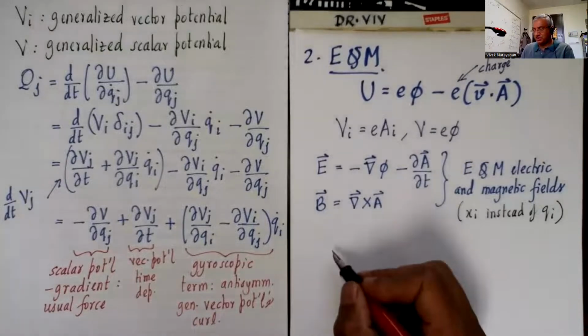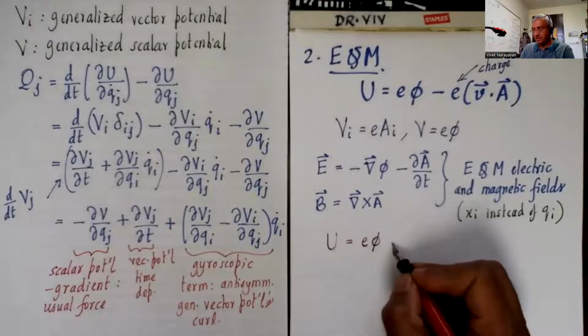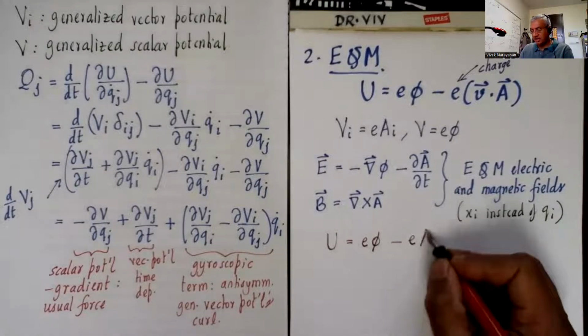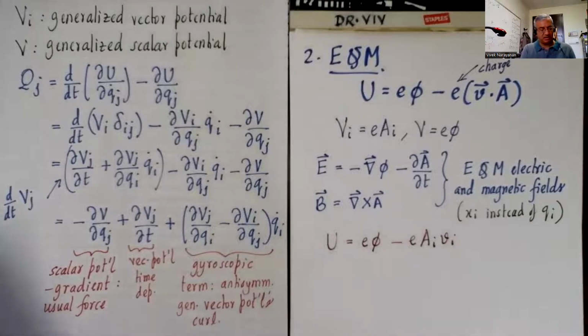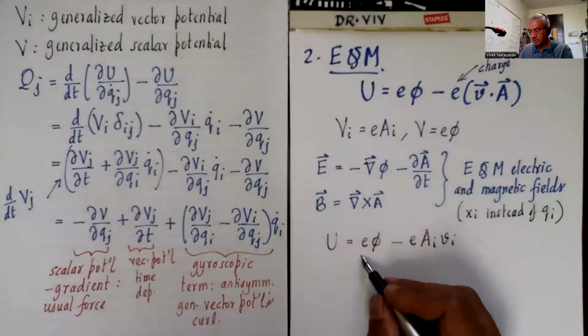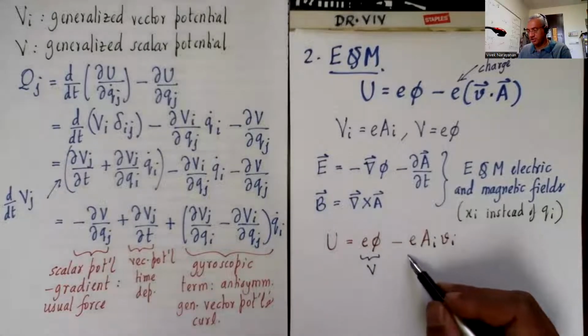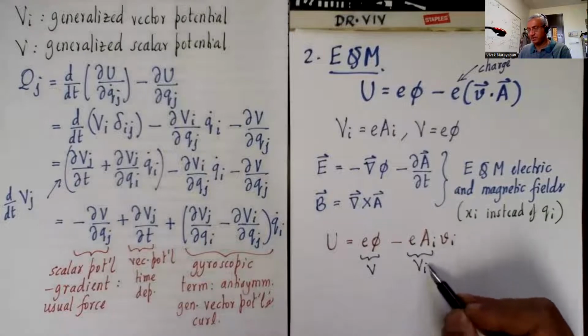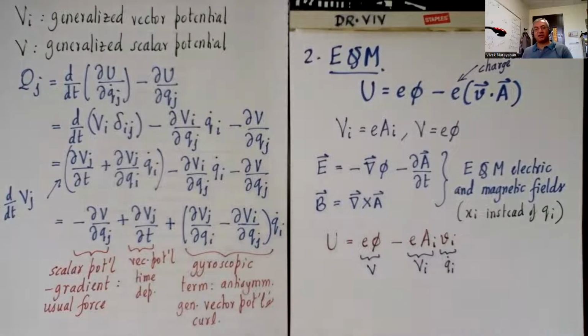All right, let us now proceed to write the electromagnetic Lagrangian. Let me write it in summation convention here: E phi minus E times A I V I. So now it's very clear where the various terms are. That's your scalar potential, and this is your vector potential with a minus sign, and that's your Q I dot.